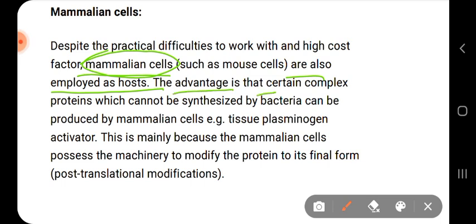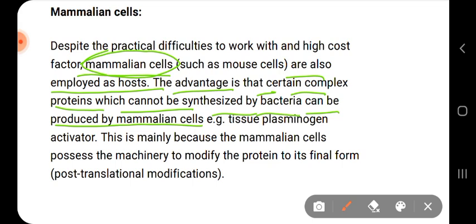The advantage is that certain complex proteins that cannot be synthesized by bacteria can be produced by mammalian cells. All the splicing machinery and the post-translational modification machinery are available in mammalian cells, for example for tissue plasminogen activator. This is mainly because the mammalian cell possesses the machinery to modify the protein to its final form. So a mammalian cell can undergo post-translational modification.